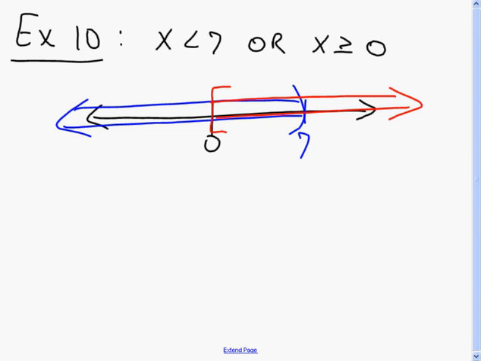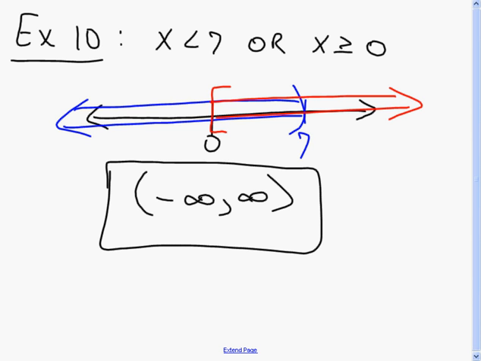My entire number line is everything from negative infinity all the way to positive infinity, and that's as nice as I can write my answer, and so there's my answer. Your graph of your number line is going to lead you to the answer that you're going to write for me always in interval notation.